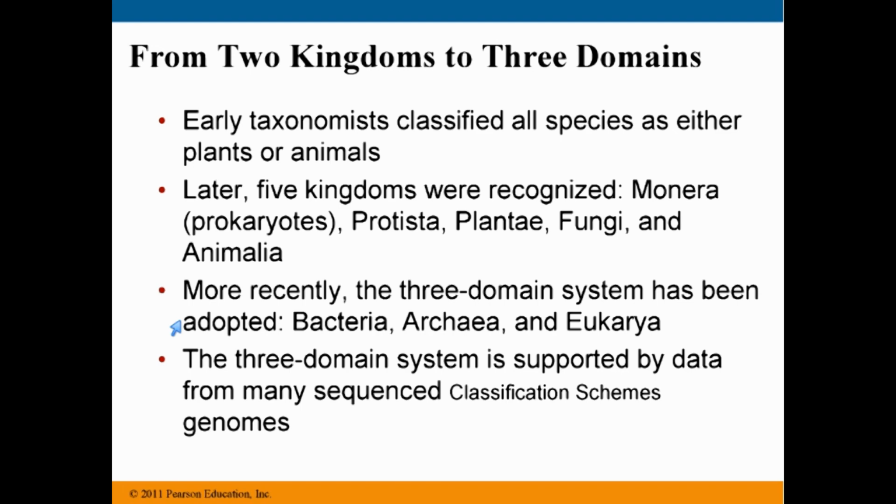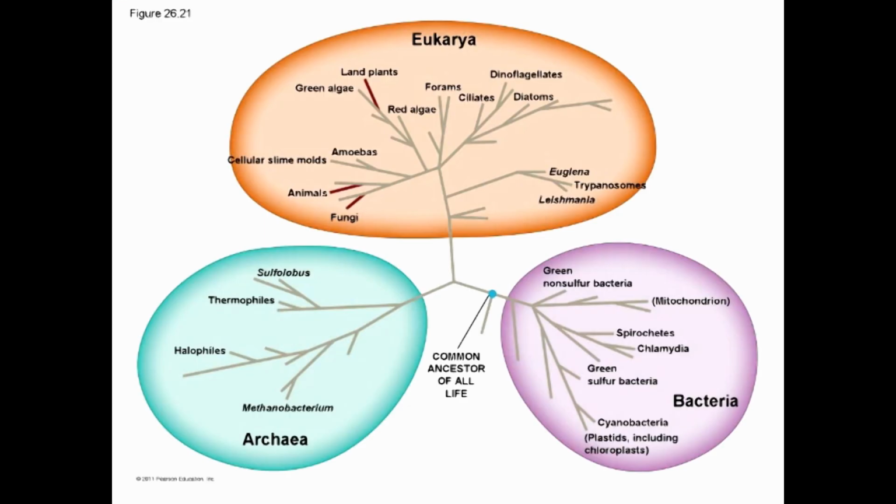Our three-domain system actually comes from the sequenced genomes. I don't know how this classification scheme got in there. So, wow, things change. It's thought that this leads to our branching of our three domains.